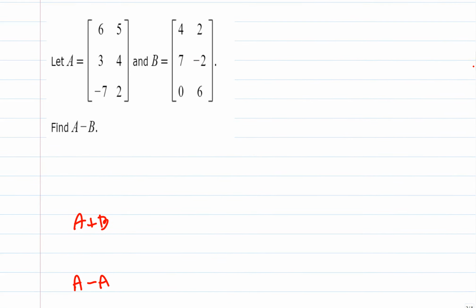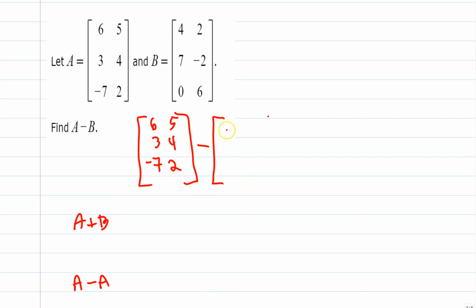The next thing they're going to have us do is adding and subtracting them. So here I have a matrix A and a matrix B, and I pull this straight out of the examples on Alex. So if I did A minus B, then it's going to be A, which is 6, 5, 3, 4, negative 7, and 2, minus 4, 7, 0, 2, negative 2, and 6.